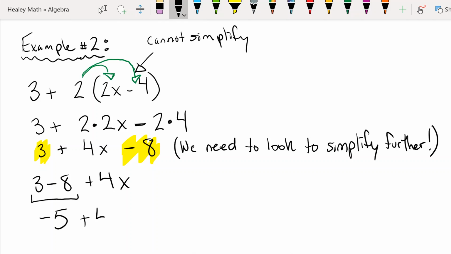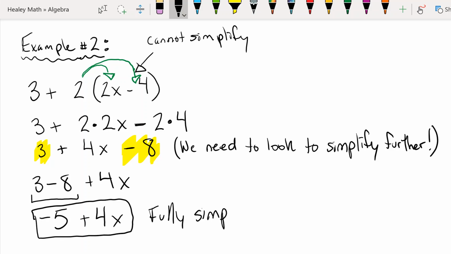And 4x. At this point, we cannot further simplify, so we will end. So therefore, this is our fully simplified answer: negative 5 plus 4x.